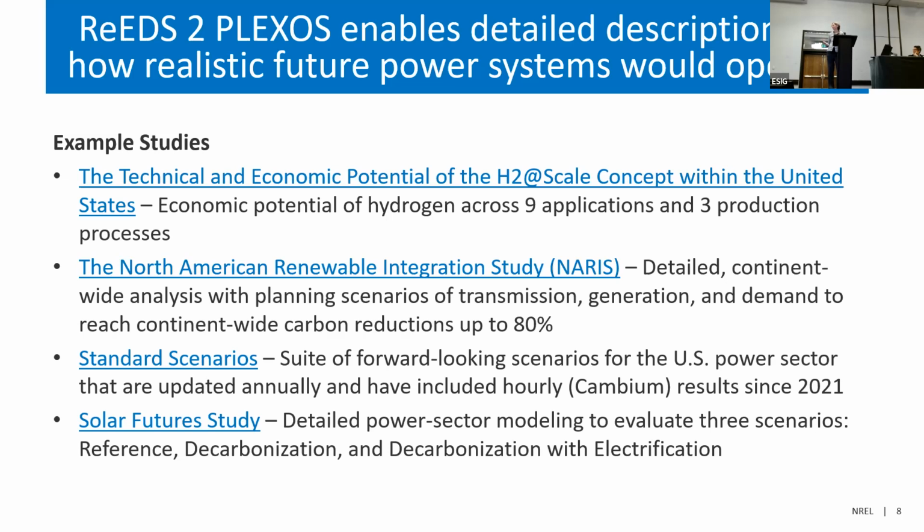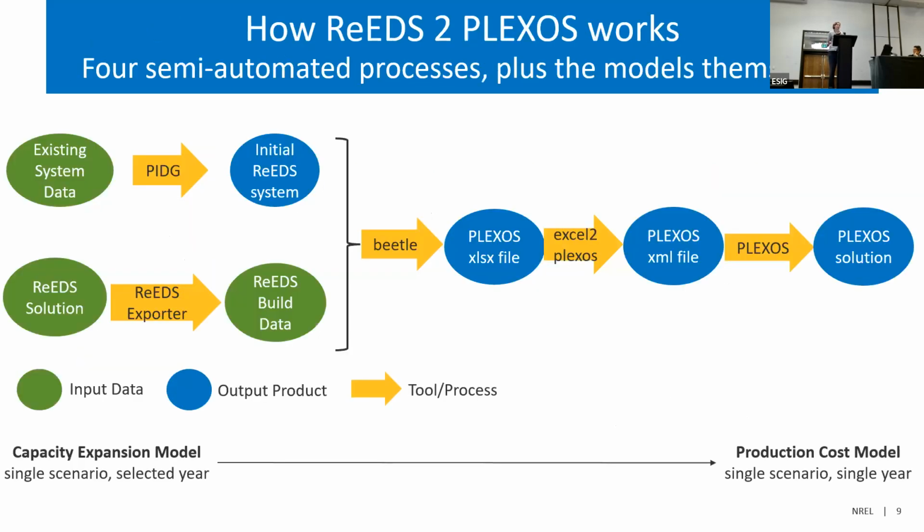Well, what does this actually look like? This still doesn't really show you what it actually looks like, because it actually looks like a bunch of data sets in code. But this at least gives you hopefully a feeling for it's a process to go from a ReEDS build out to a PLEXOS model run. We actually have to point to a different PLEXOS system to give us the nodal data that we're starting from. We point at that ReEDS build out.